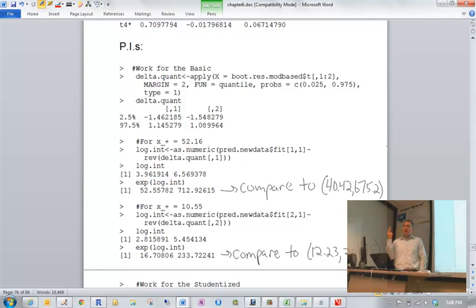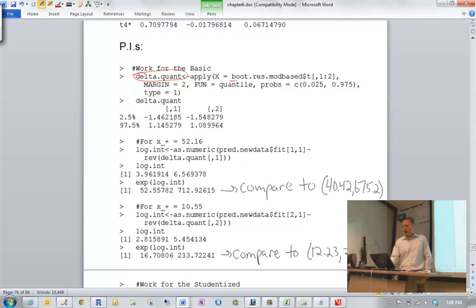Since I need 2 intervals, I'm going to try to combine some of these calculations, so I'm going to use the apply function here. What I want to do is find my quantiles from this delta star distribution. There are actually going to be 2 delta star distributions because I have 2 x's that I'm interested in.